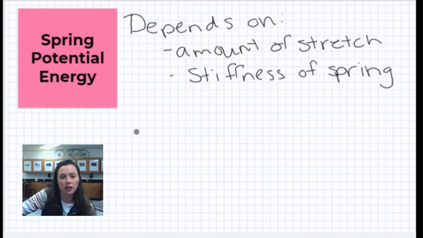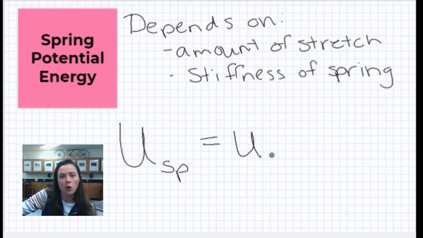Because this is a potential energy, we denote it with a capital letter U and a subscript SP for spring, or a subscript EL, or the full word elastic.